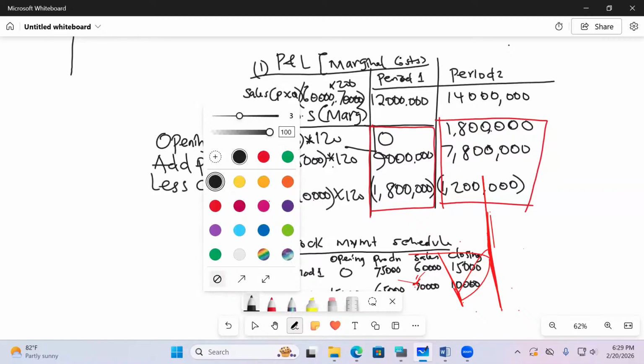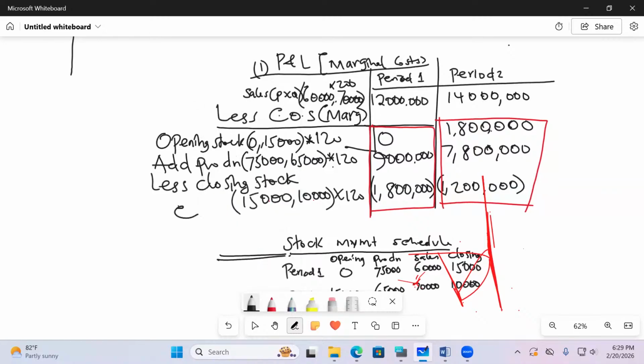So give me here cost of sales. What I want you to do for me is to take 0 plus 9 million minus 1.8 million, give me a figure to write. 7.2 million. How about the second period? 8.4 million. So here we have 8.4 million, like that. I know you are good now with this.